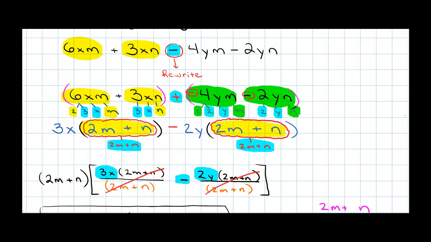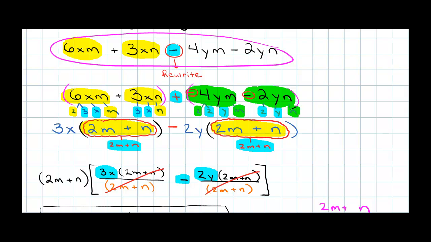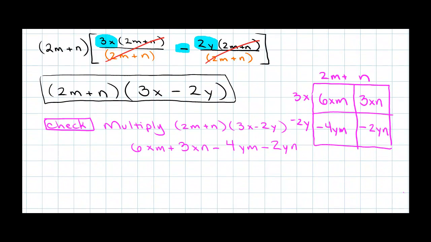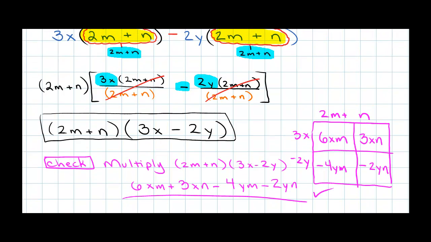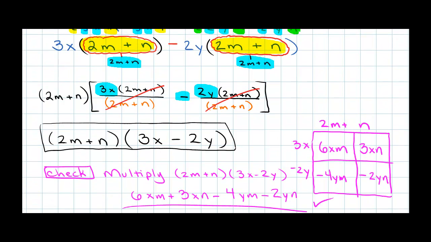We look up at the original polynomial, and we can see it's exactly the same four terms we had before. So that means our boxed answer here is correct. The factors of the original polynomial are in fact 2m plus n times the quantity 3x minus 2y. This represents our final answer.